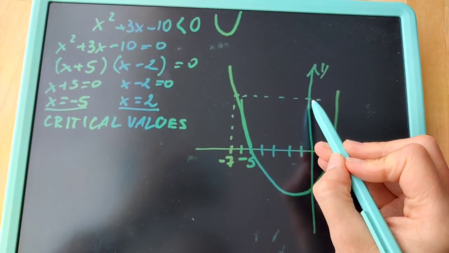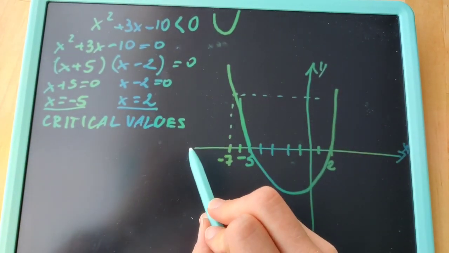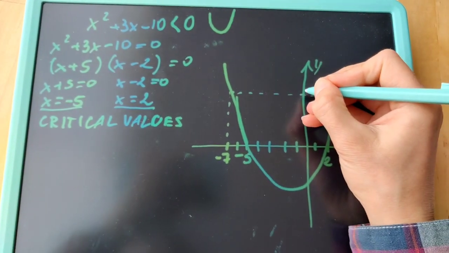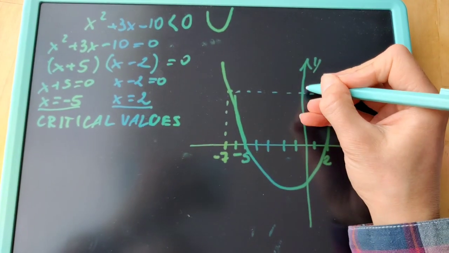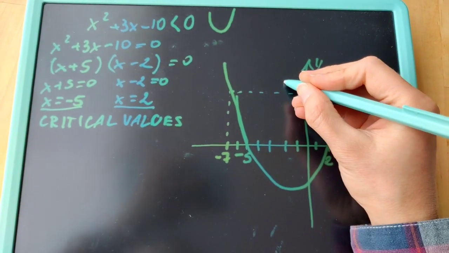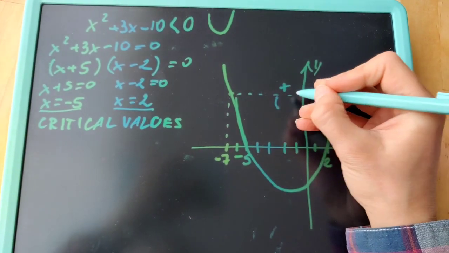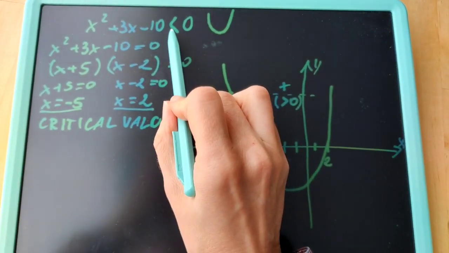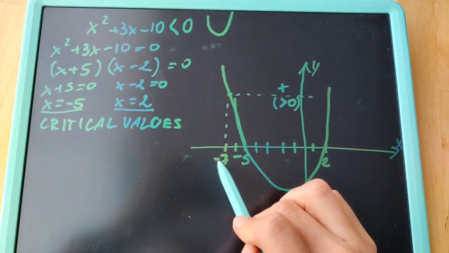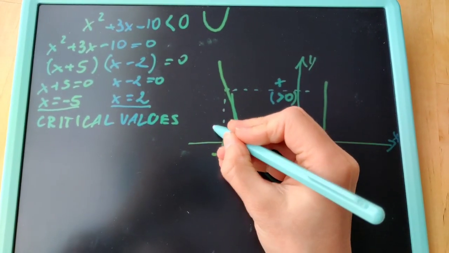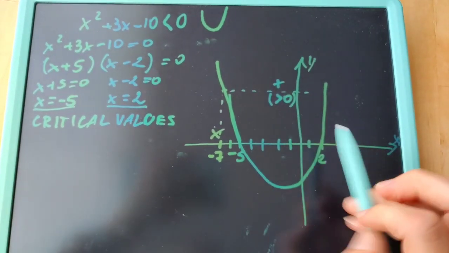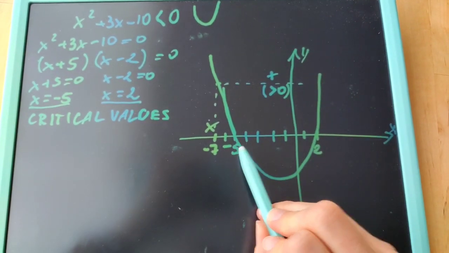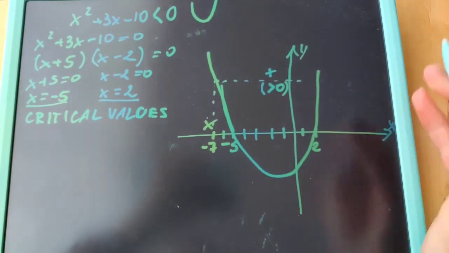This way we can see that the number that is less than -5 has a positive y-intercept, so it's greater than 0. We're looking for something that's less than 0. So we know that this is not going to be good.